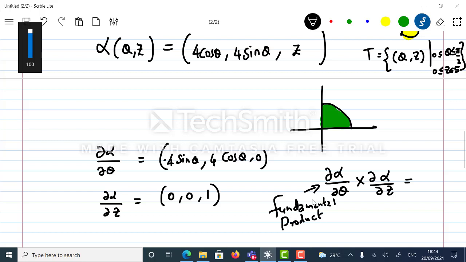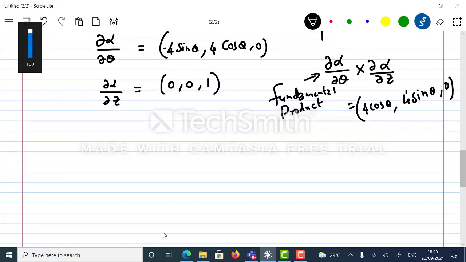I have just calculated it, so I can give you the cross product straight away: that fundamental product is 4 cos theta, 4 sin theta, 0. You can verify that.